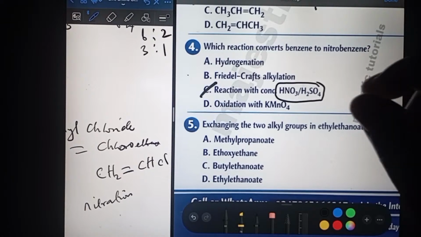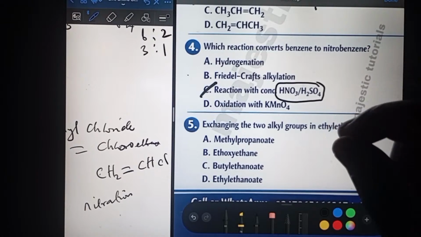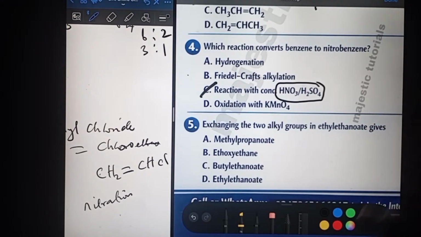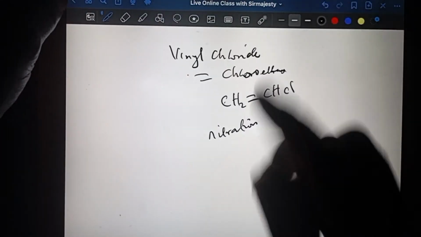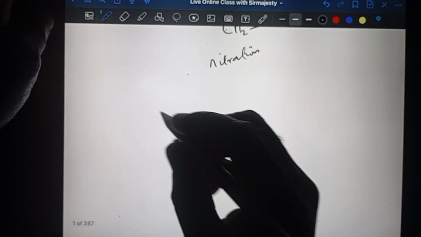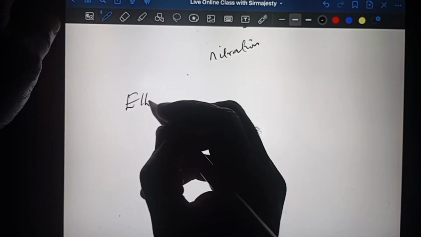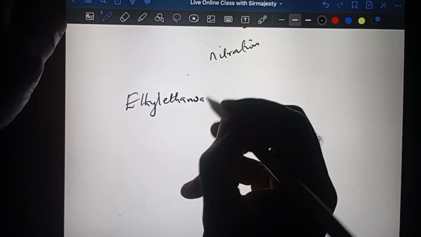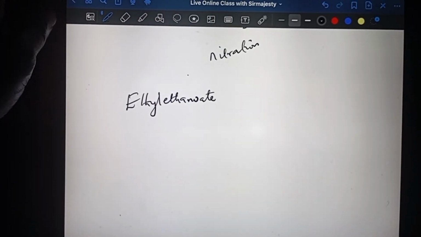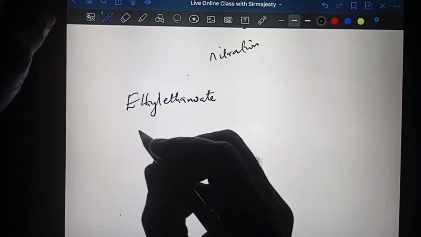First of all, we have to write the formula of ethyl ethanoate. Remember, that is an ester. Ester is ethyl ethanoate. They are asking us to exchange the two R in this compound, ethyl ethanoate. You have to write this compound correctly first.